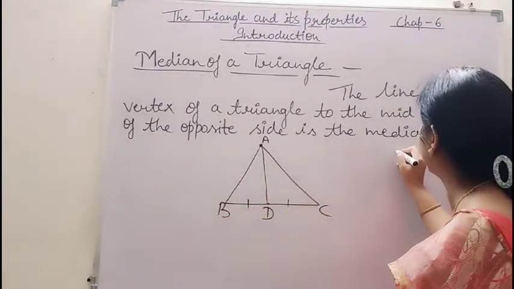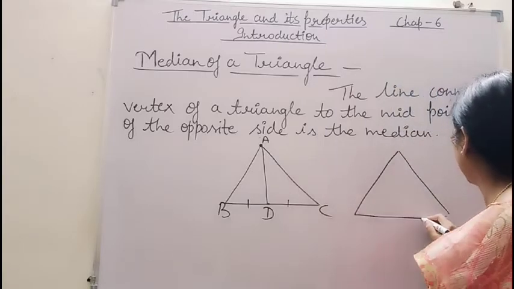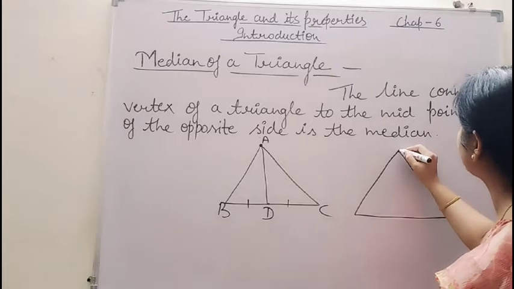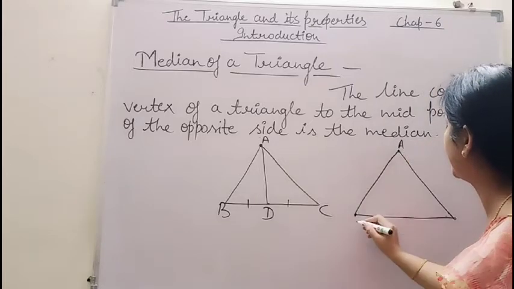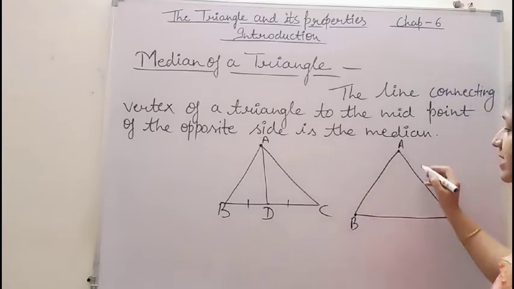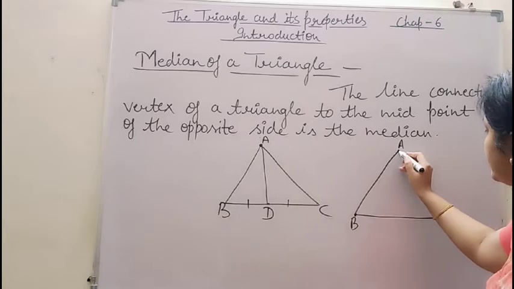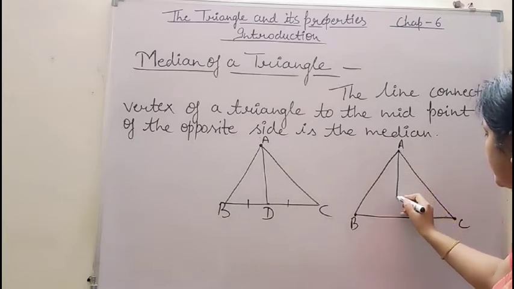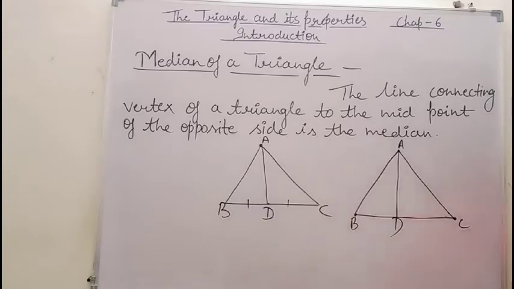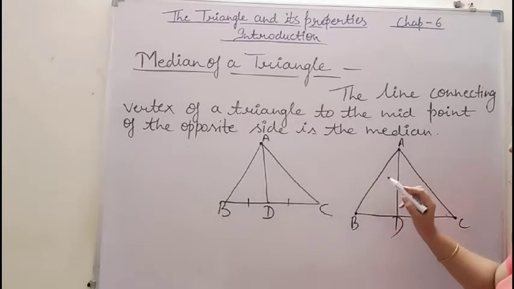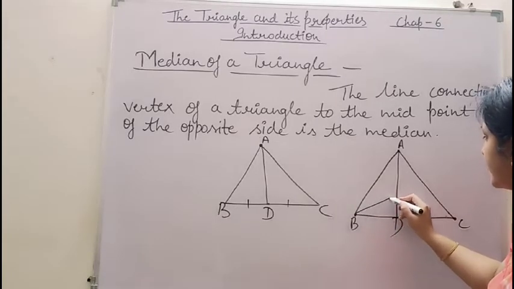See, in this triangle, this is your vertex, this is your vertex and this is your vertex. Give them the names A, B and C. When we draw the median from this vertex, this is D. And again, if we draw the median from this vertex, we'll draw like this.